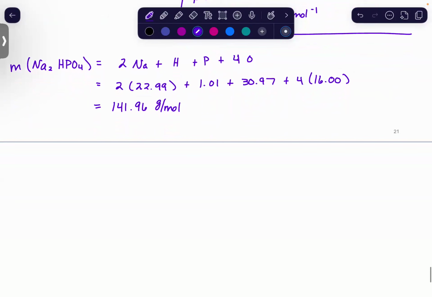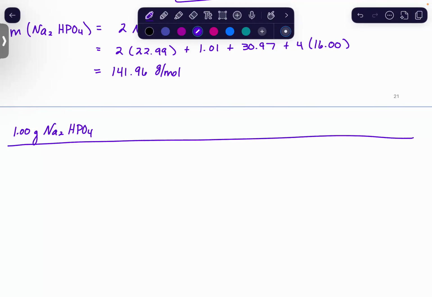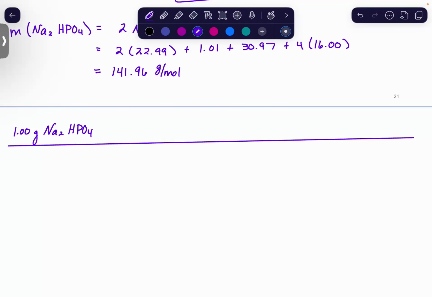All right, now I'm going to do my calculation again. I have my 1 gram sodium hydrogen phosphate. All right, so if I have a mass, I need to use the molar mass. I need to divide by it, 141.96 grams per mole.